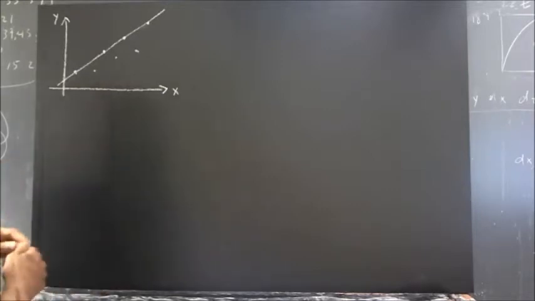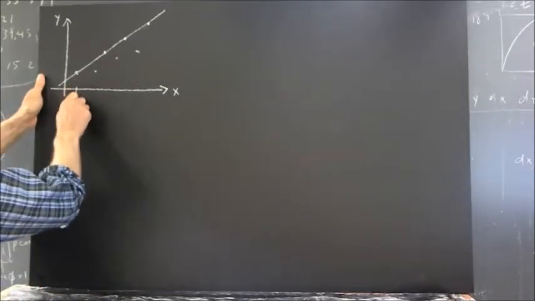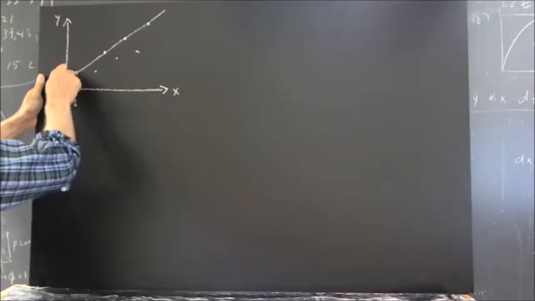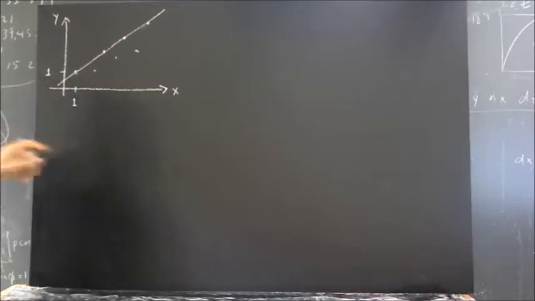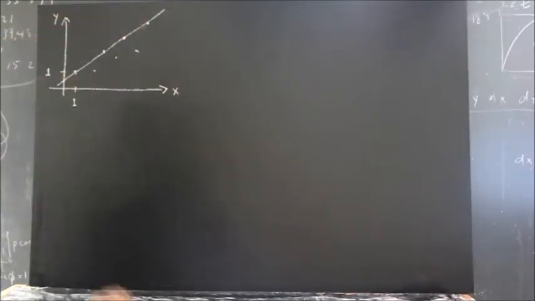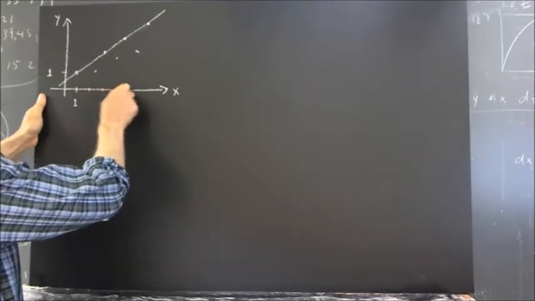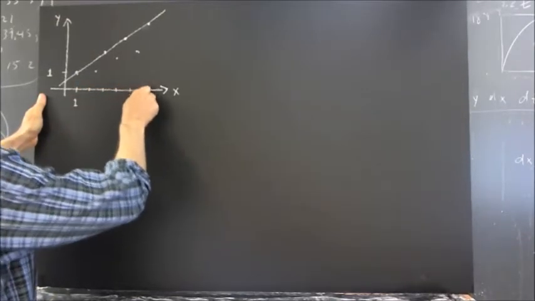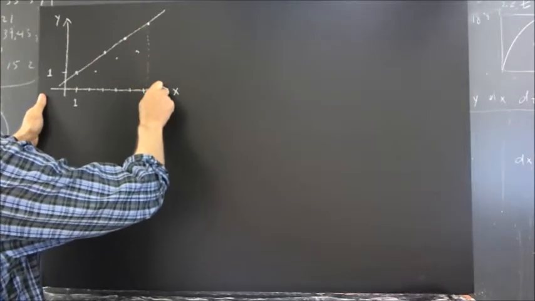Let's put a scale on this graph. Let's just say that this is 1 unit here, and this is 1 unit here. So that our first point is 1, 1, and our second point, well, let's see, we go 1, 2, 3, 4, 5, bring this point down, 6 would be about here.